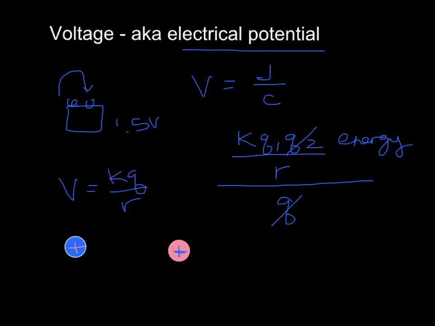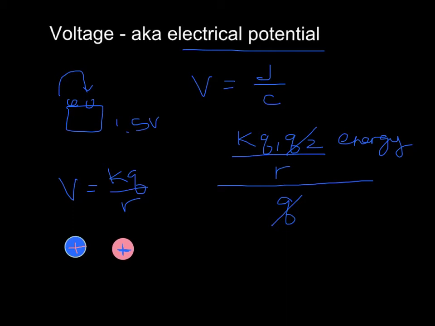So if I'm really close, I'm going to be dividing by a small number. I have a lot of electrical potential energy because I'm close, but you can look here, I'm dividing by a smaller number. So if I'm close, I have high voltage. If I'm far away, I have low voltage.